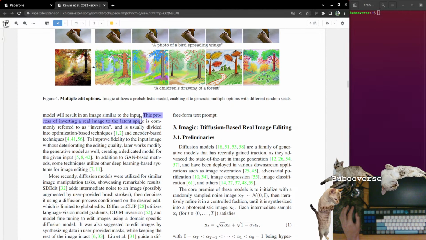This process of converting a real image to a latent space is referred to as inversion. I would call that encoding. Yeah, encoder-based techniques. And optimization-based techniques.